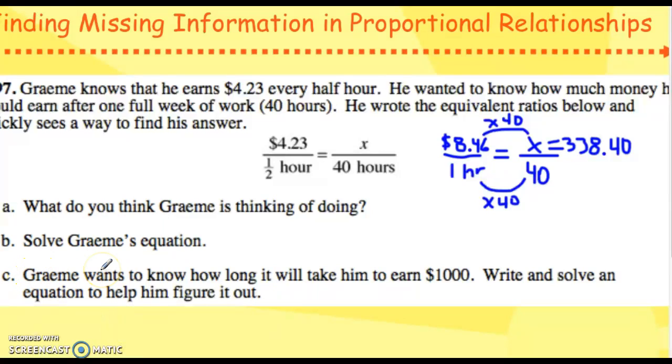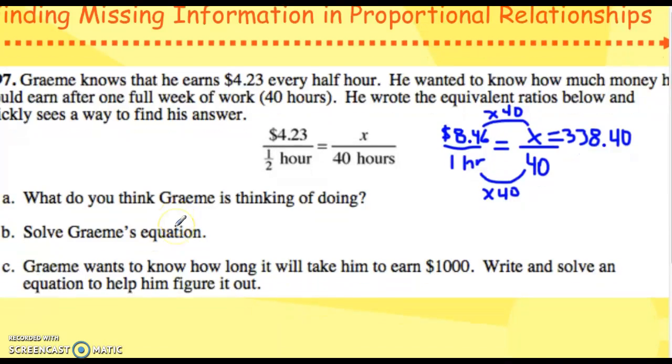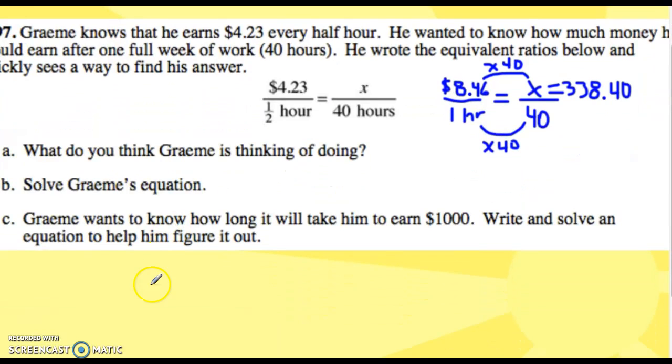Part C says Graham wants to know how long it will take him to earn $1,000. Write and solve an equation that will help him figure that out. So I know that in 1 hour I make $8.46, and I'm going to multiply it by X, some amount of hours, and then I want that to equal $1,000.